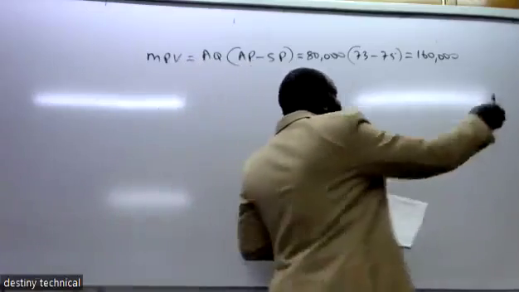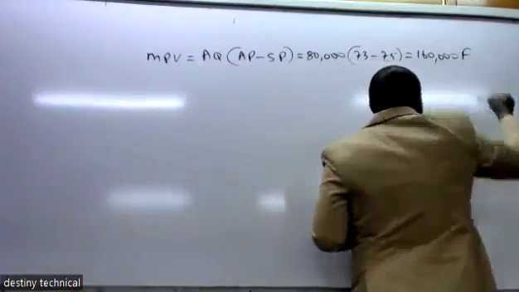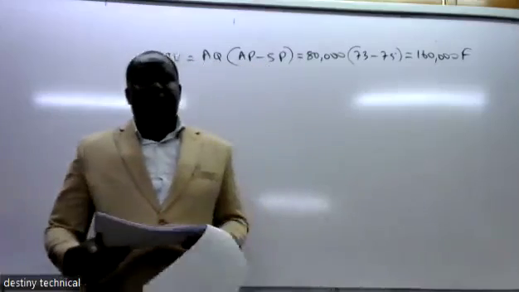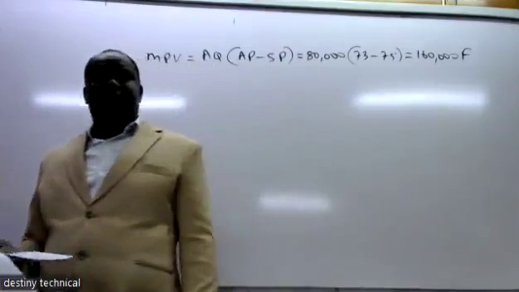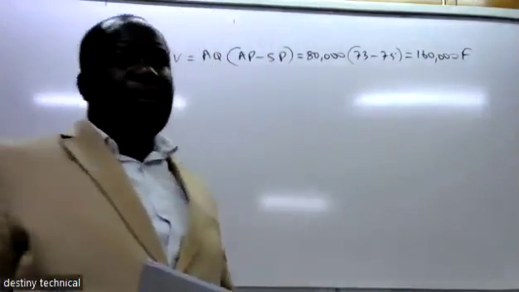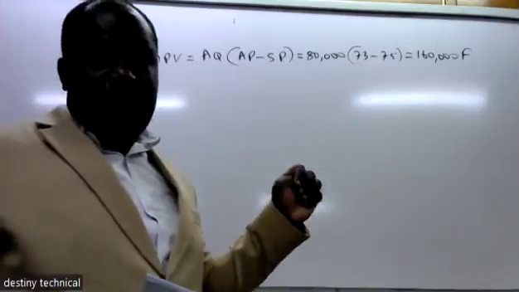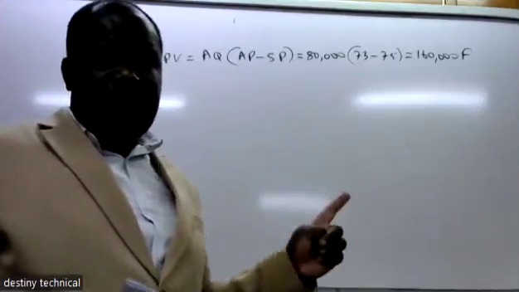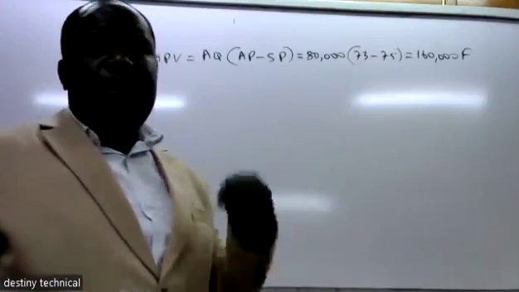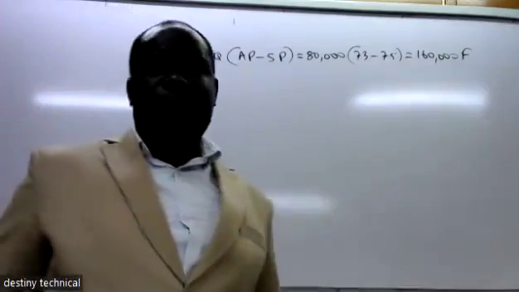In your budget, you budgeted to pay 75 per unit, but you ended up paying 73, so you paid less than the standard.